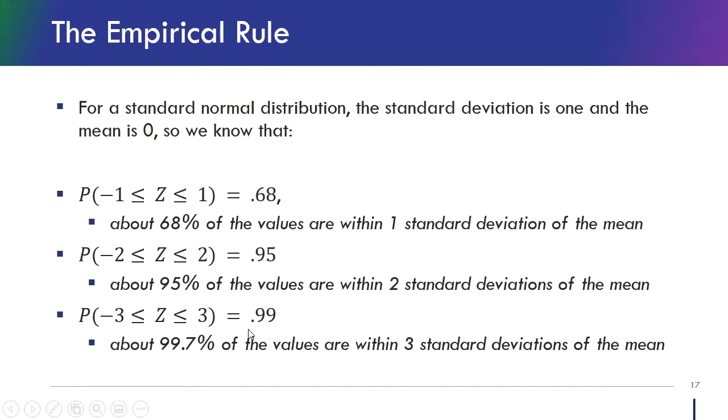And for 3 standard deviations away from the mean on both sides, the probability of this range would always be 0.997, if you go to another decimal place. So about 99.7% of the values are within 3 standard deviations of the mean. The 0.95 is the most commonly used one, but 0.99 is sometimes used.